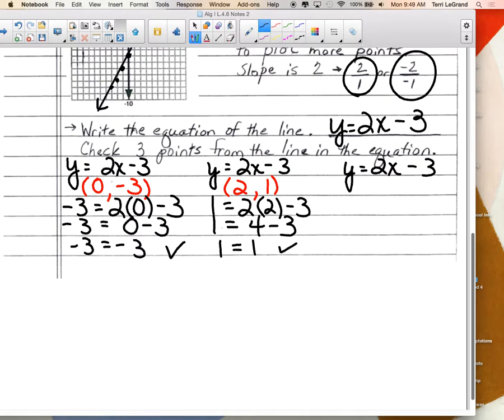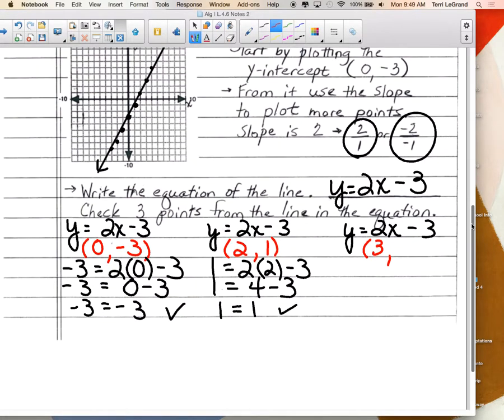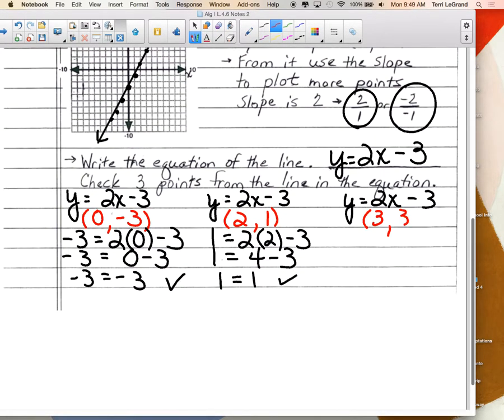Give me another point, another ordered pair, Brayden, from this line. 3, 3. Okay. So 3 for the y value, 3 for the x value, and take away 3.